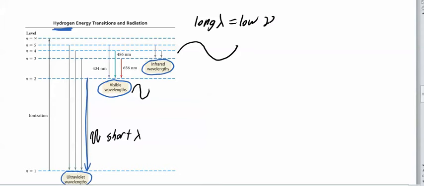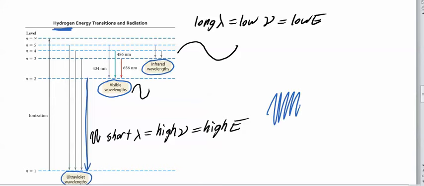The symbol for frequency is the Greek letter nu. If it's short wavelength, it's going to be high frequency. More of these waves pass by per unit time. And low frequency means low energy. High frequency means high energy. And you can imagine that if a wave is going up and down like that, that's higher energy than a wave that is just kind of loping up and down, something like that.